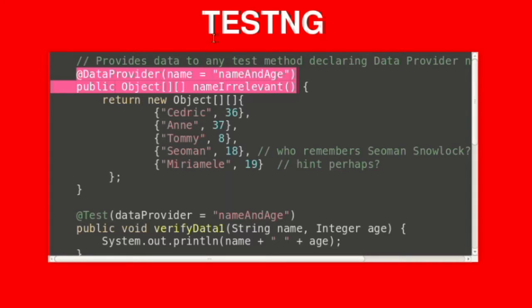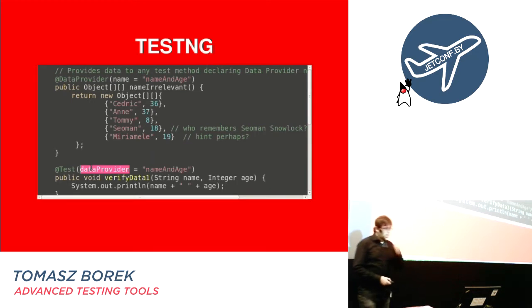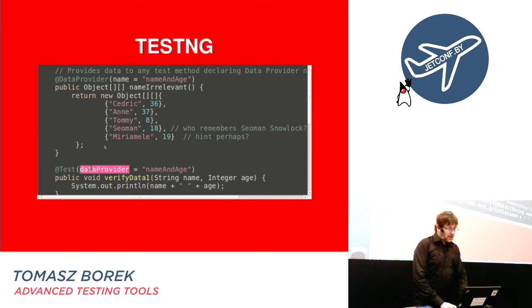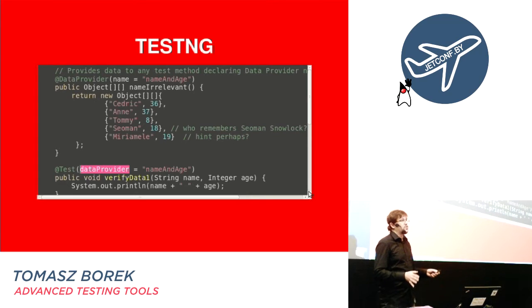If you do not use the name here, then this name should be the same as here, because for each method annotated with Test, you need to tell that you will be using a data provider. Now, when you specify that, you're able to take each parameter and pass it to a method parameter. So this is fairly intuitive, okay? This is all the setup that you need to do.